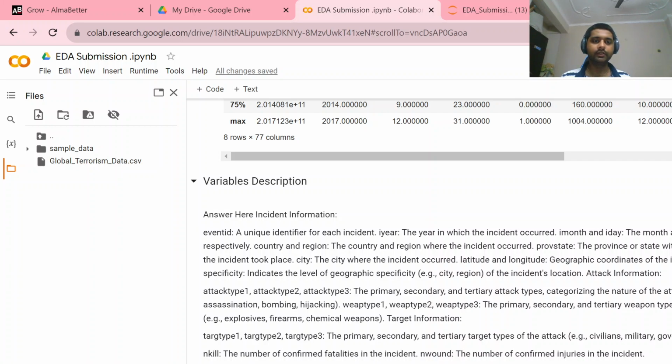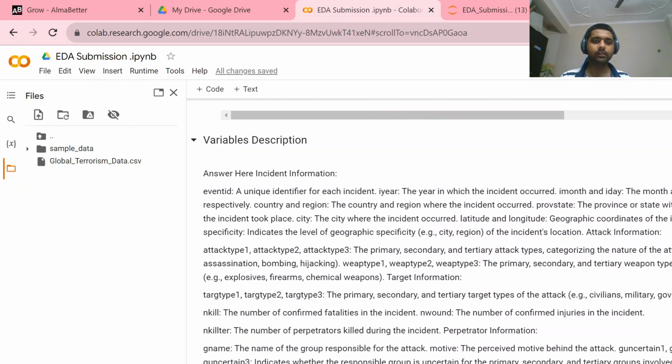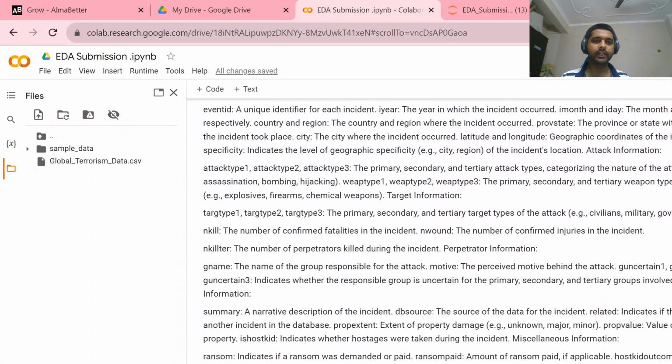This is the variable description. Event ID is unique for each incident. There are attack types: attack type 1, attack type 2, attack type 3, divided into assassination, bombing, hijacking. Similarly for weapon type: explosives, firearms, chemical weapons, and target type.